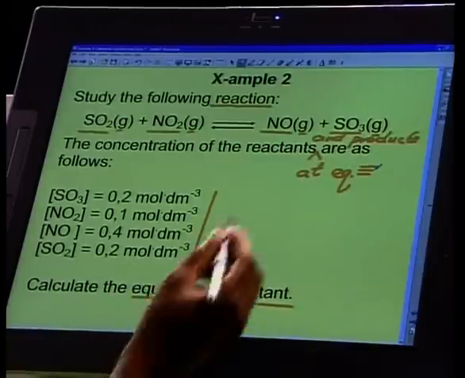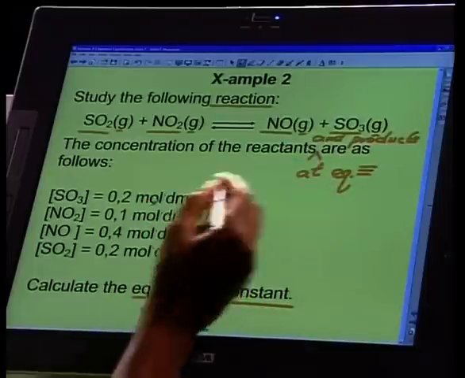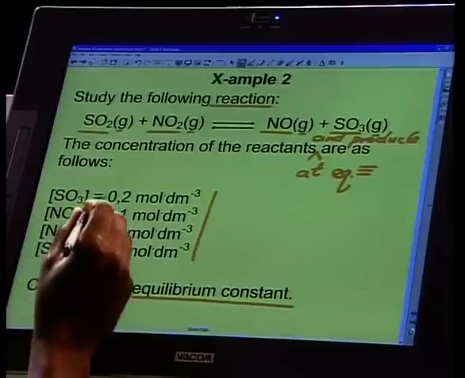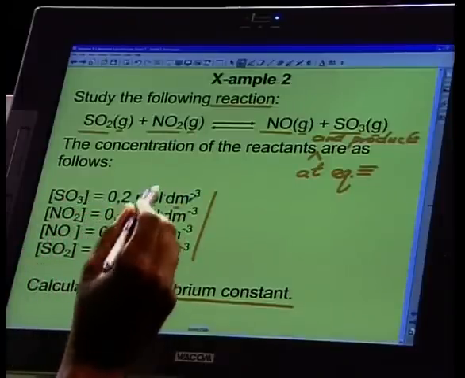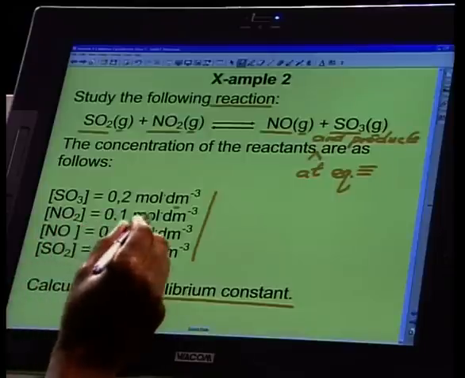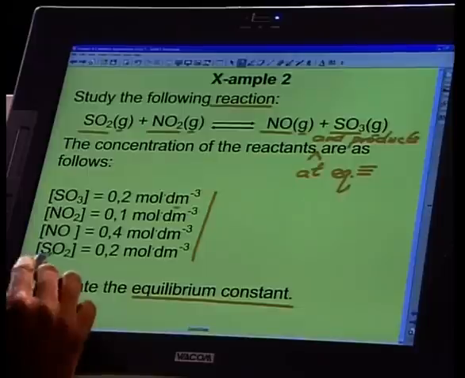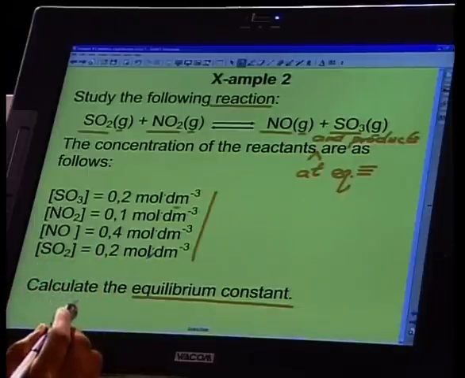Okay? These concentrations are as follows at equilibrium. We have the concentration of SO3, 0.2 mole per cubic decimeter, NO2, 0.1 mole per cubic decimeter, NO, 0.4 mole per cubic decimeter, and SO2, 0.2 mole per cubic decimeter.